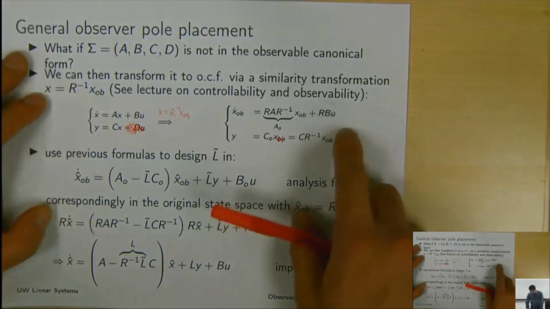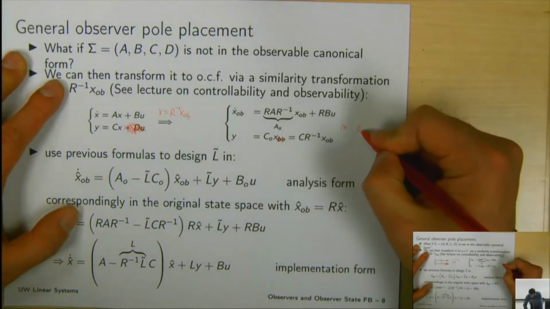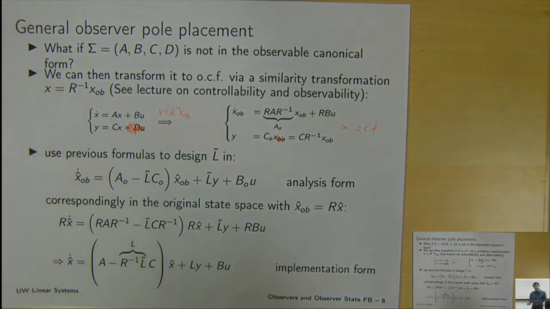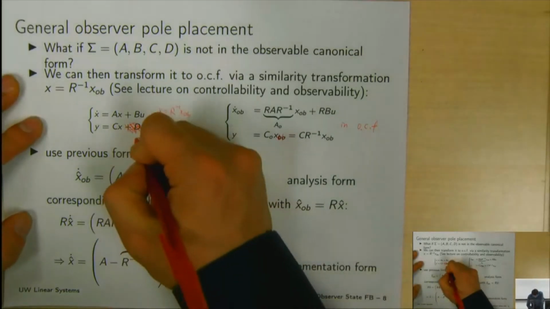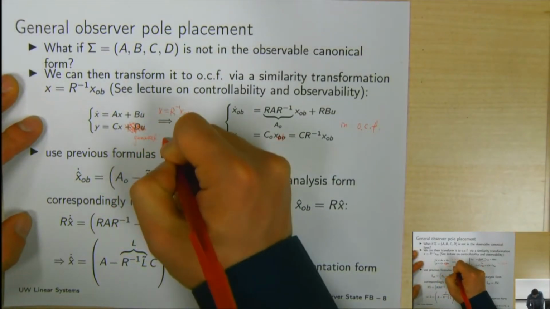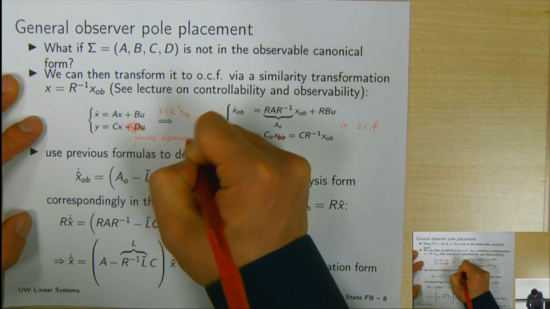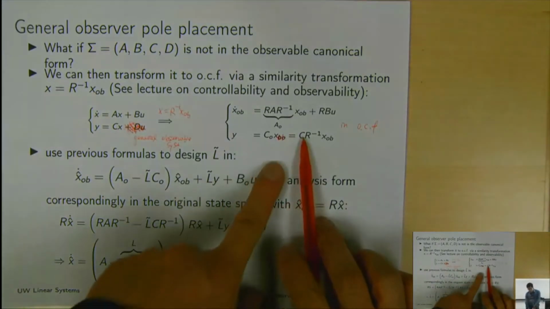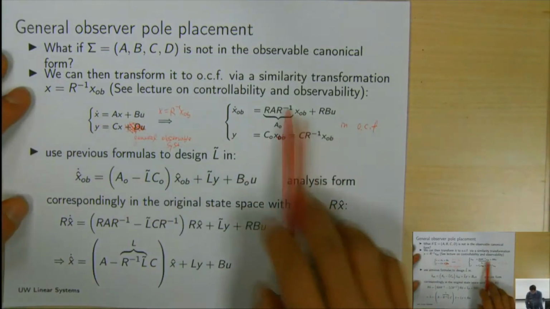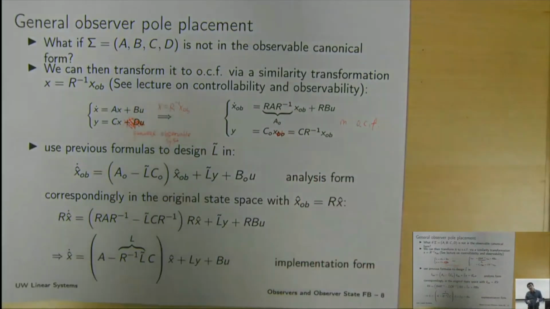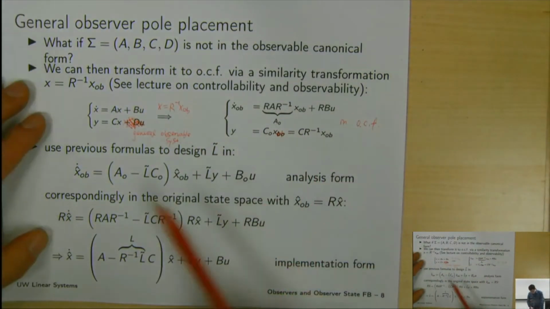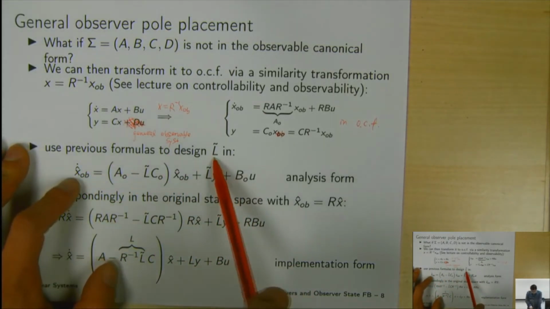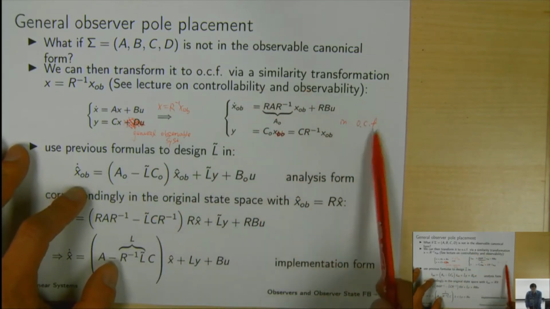This one is in observable canonical form, and the left-hand side is just a general observable system. So we know how to do the design if it's in observable canonical form. We have these beautiful formulas about how to design the observer gains L. So we can use these previous formulas to design the observer gain L in this OCF form.